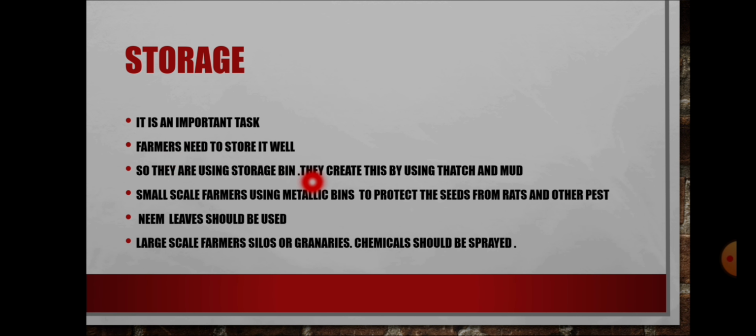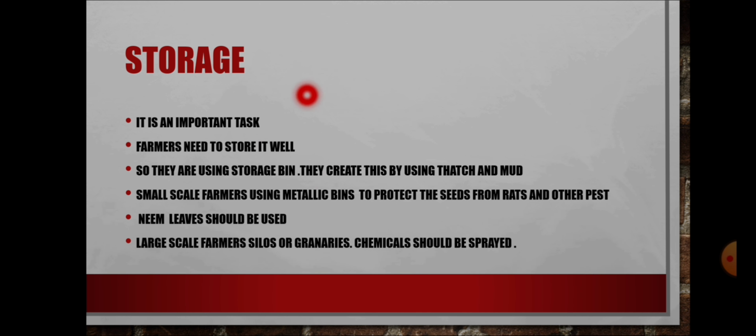They use storage bins made with dust and mud. Small scale farmers use metallic bins to protect the seeds from rats and other pests. Neem leaves should be used. Large scale farmers use silos or granaries, and sometimes chemicals should be sprayed. So storage is very important.